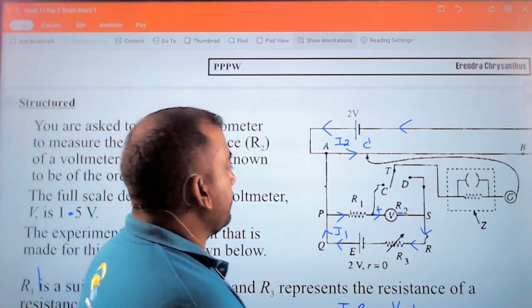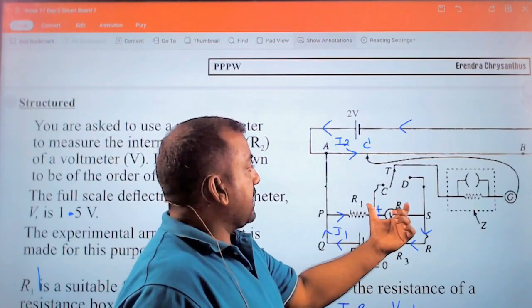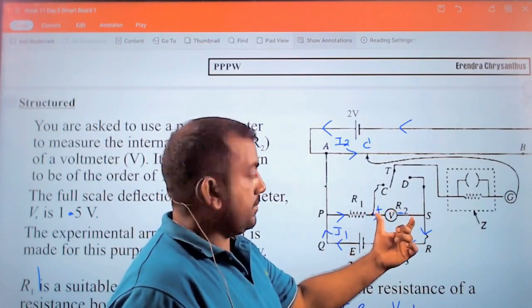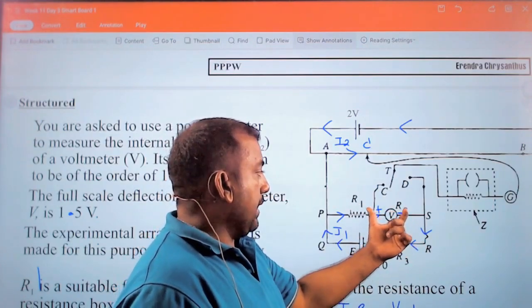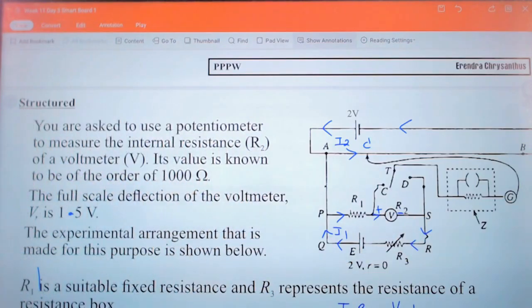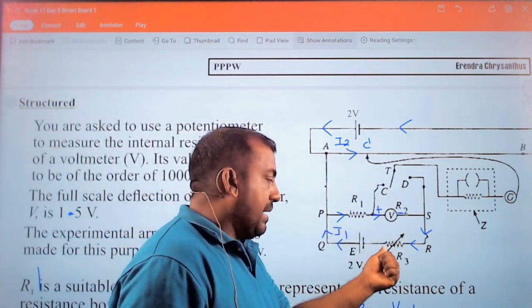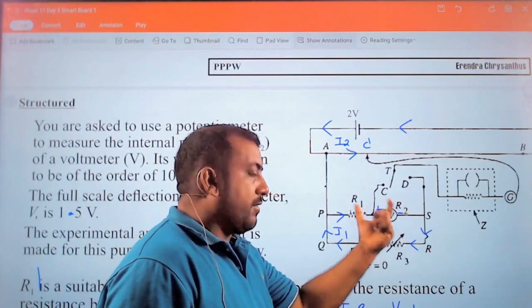What's the next one? So here you're adjusting for 1 volt. Right. What's the next one? Maybe the next main thing is you may not be able to change R3 to get 1 volt here.